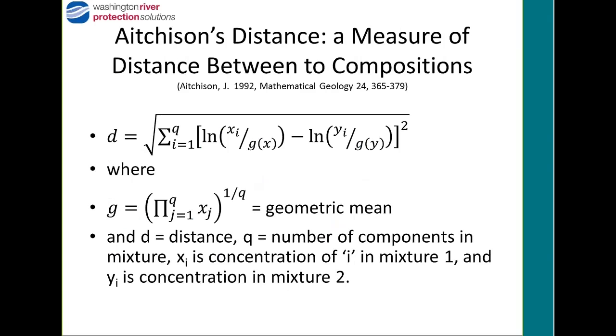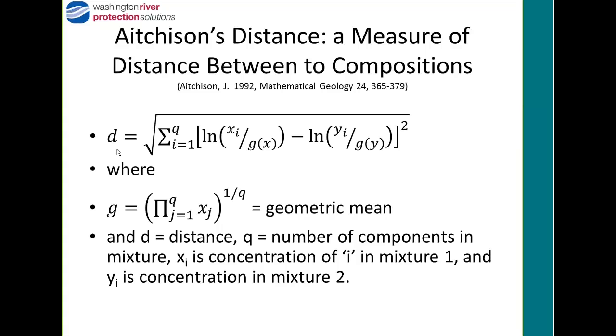So when you talk about a composition, one of the complaints about using log ratios or other ratios that you get from physical scientists like me and a lot of you is, so what is a log ratio? What does the difference between a log ratio mean to me, especially if you have a 30 component system? What does the log ratio between 2 of those mean to me? How do I understand that physically? So one of the things that Aitchison came up with is a measure of distance between 2 compositions.